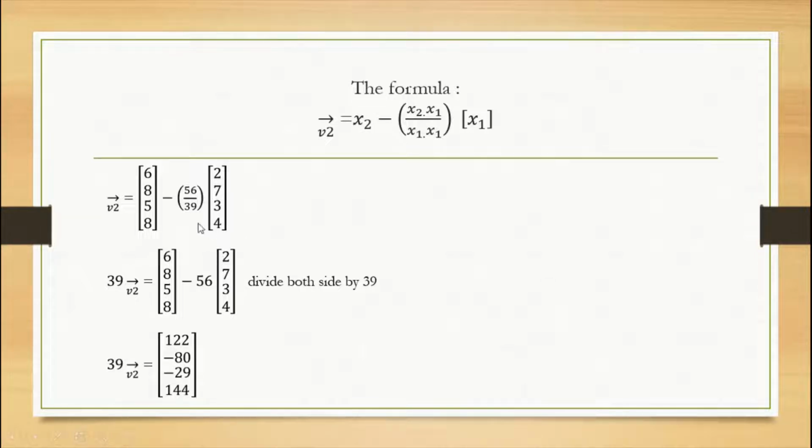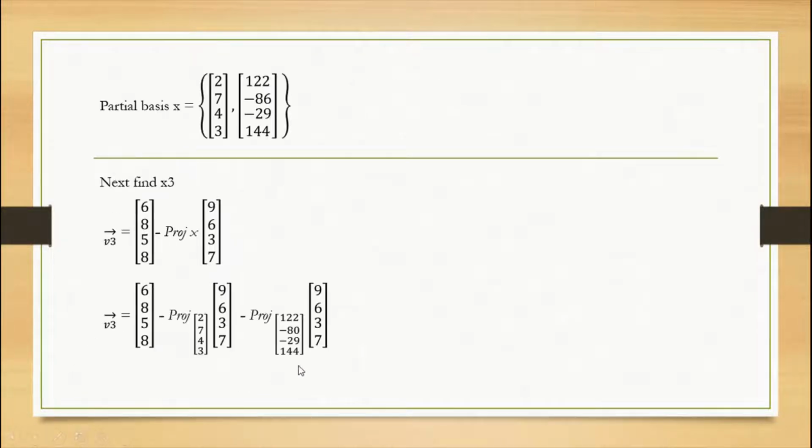So we divide both sides by 39. After that we got this, and after the last calculation, we will get the partial basis for the x vector 2.